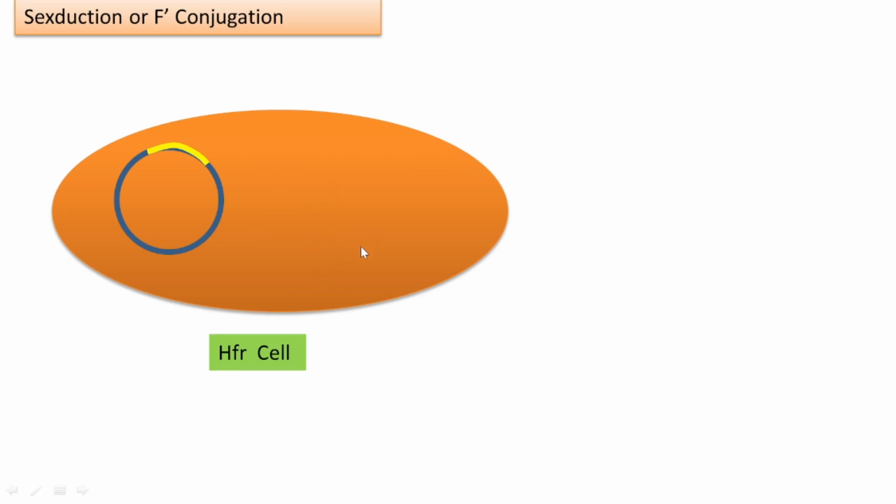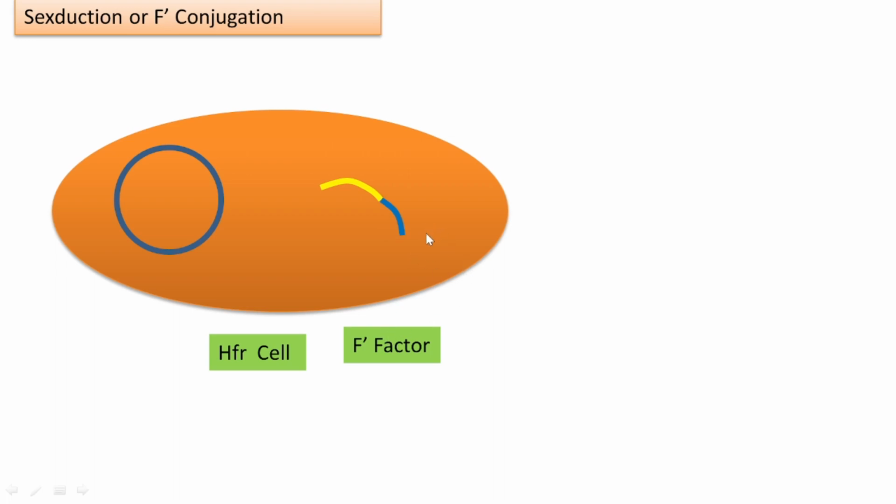And what is happening here? This F factor also exits from this bacterial chromosome, like in the case of specialized transduction. Here also, as it exits from the bacterial chromosome, it takes some portion of the bacterial chromosome. And that DNA is called an F prime factor. The F factor carrying some portion of bacterial genes is called an F prime factor.